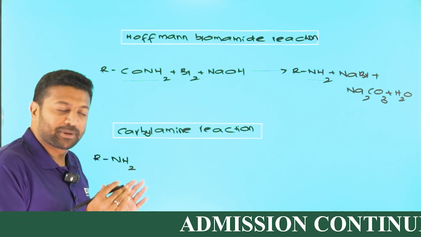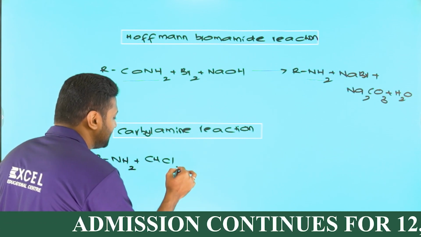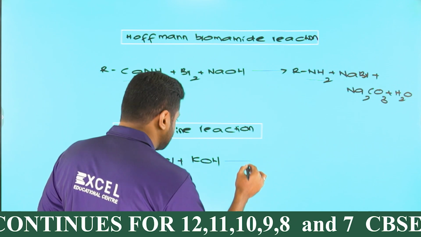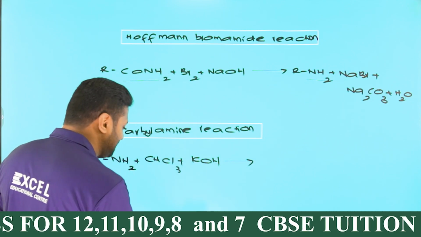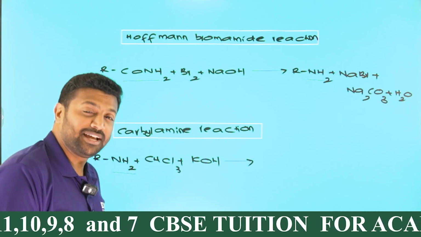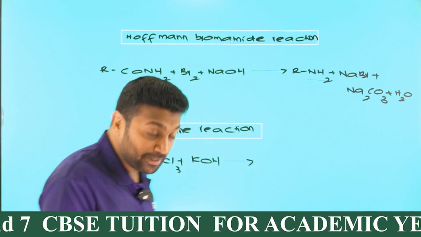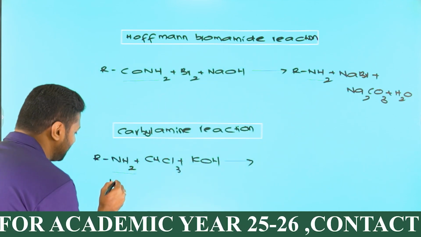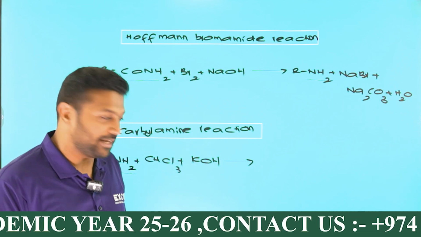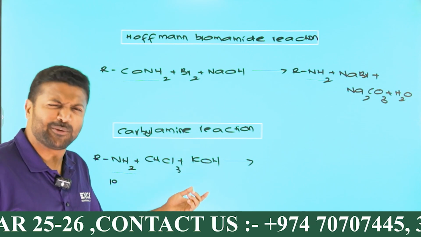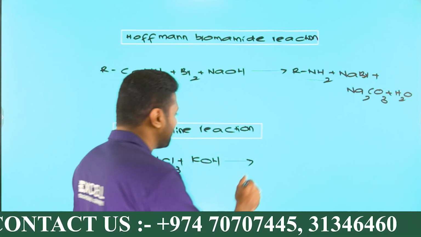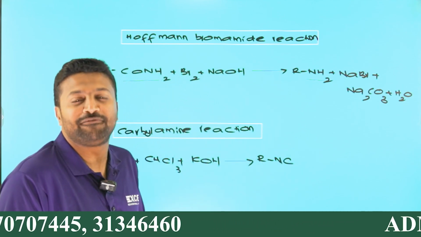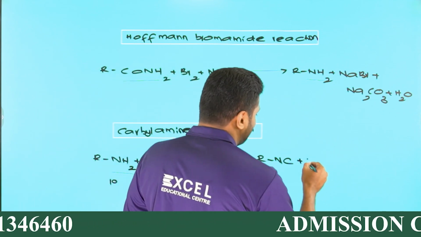When passed over chloroform and KOH, especially alcoholic KOH, NH2 becomes NC, where NC means isocyanide, also called carbylamine, giving a foul, bad smell. The byproducts are KCl and water.